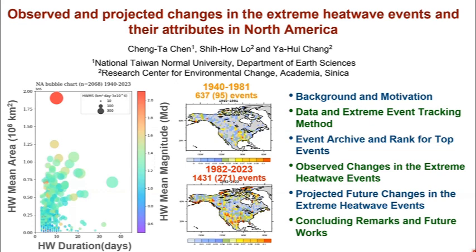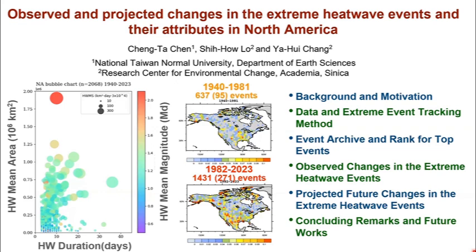So I will start with some background and motivation, then the data we use, and introduce the methodology we have for detection and tracking. Then after we apply it to the data set, you can get the whole heat wave event archive in history, and then you can rank the top events if you like.